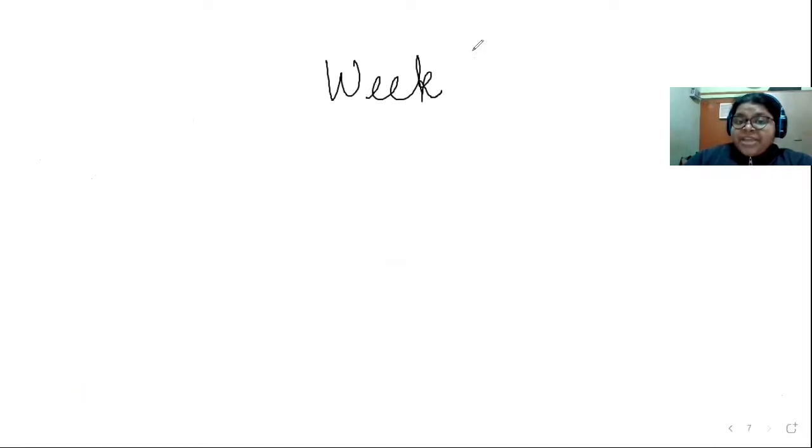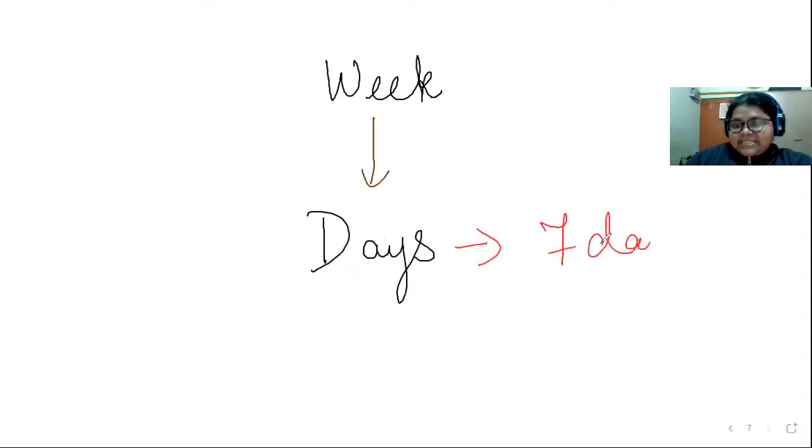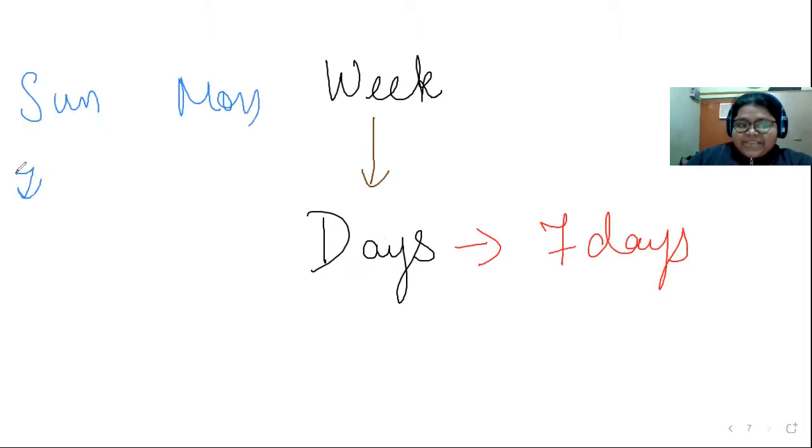Every week has a certain number of days. So how many days does a week make? 7 days. I hope you remember the days, right? Sunday, Monday, Tuesday, Wednesday, Thursday, Friday, and Saturday.